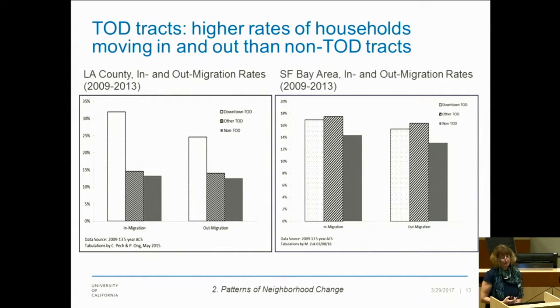In general, there's more churning in TOD tracts of these transit neighborhoods. So there are higher rates of households moving in and out than in non-TOD tracts. And this is particularly true, as you see from the figure on the left, for downtown Los Angeles.